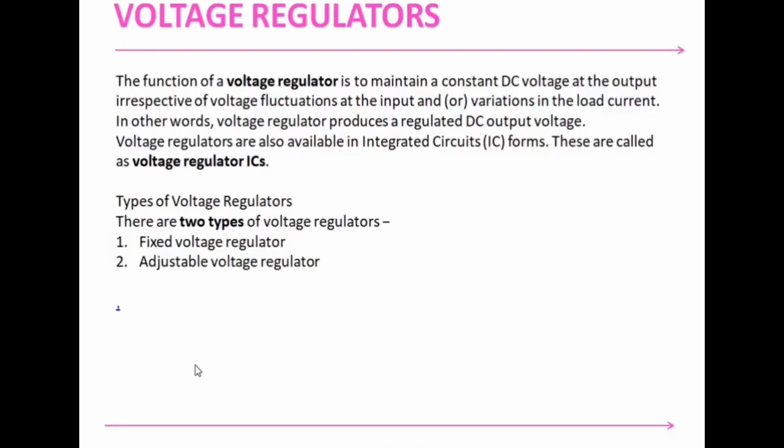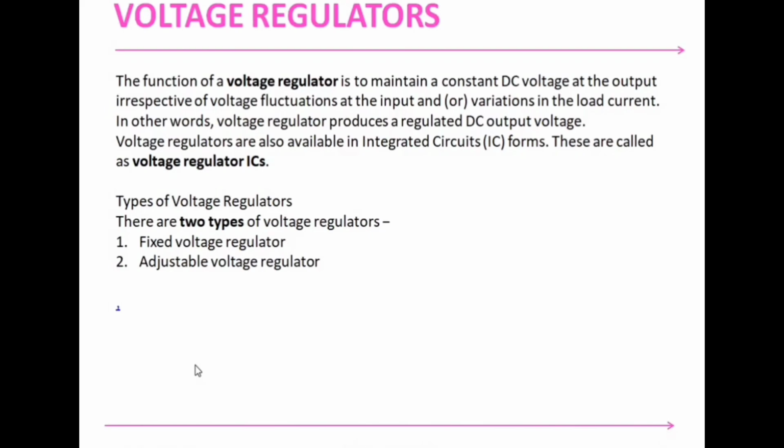In this video, we are going to discuss voltage regulators. The function of the voltage regulator is to maintain a constant DC voltage at the output, irrespective of the voltage fluctuation at the input.